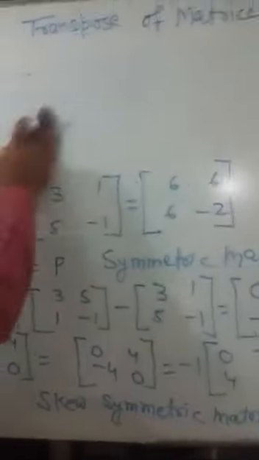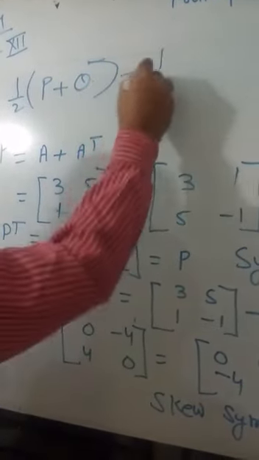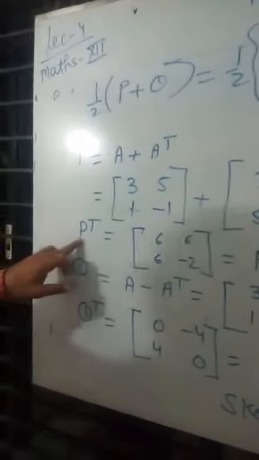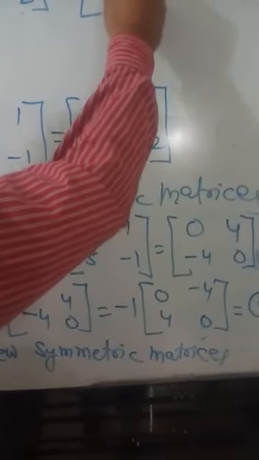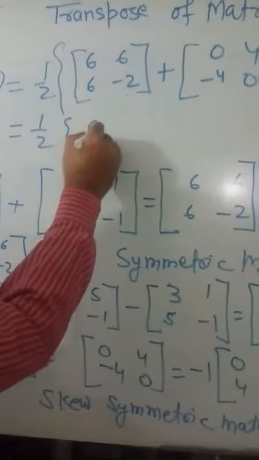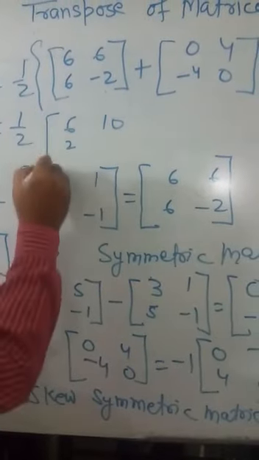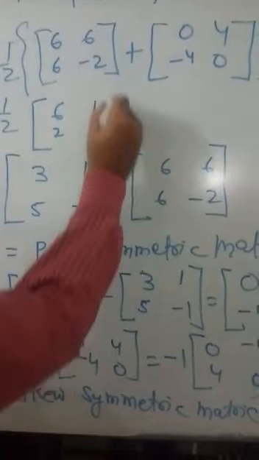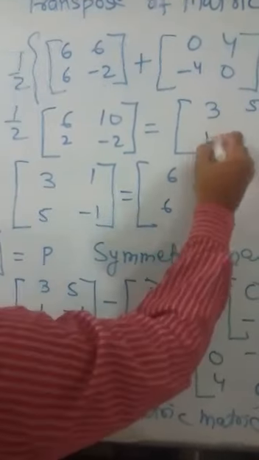If you add them, half of P plus Q, where P is 6, 6, 6, minus 2 and Q is 0, 4, minus 4, 0, then one by 2 times 6, 6, 2, minus 2 plus 0, 4, minus 4, 0 gives 6, 10, 2, minus 2, and dividing by 2, it becomes 3, 5, 1, minus 1.